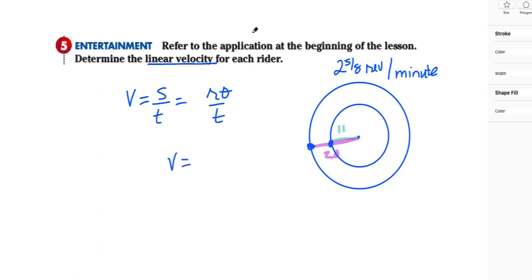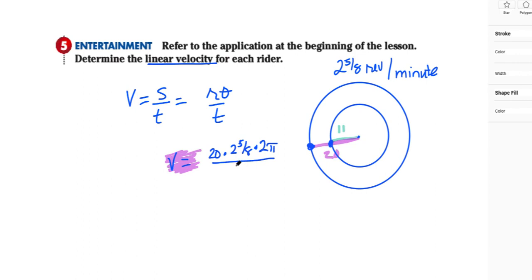I'm going to first do it for the person who is at 20 feet away from the center. I'll highlight that in purple. We write this as 20 times theta, the angular displacement, which we know to be 2 5/8, the revolutions, times 2 pi, the angular displacement of one complete revolution.